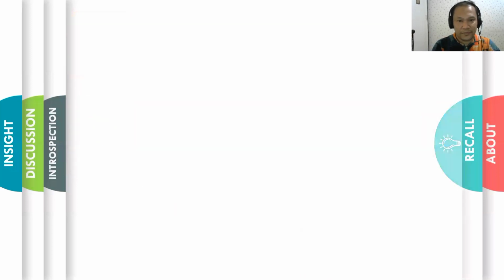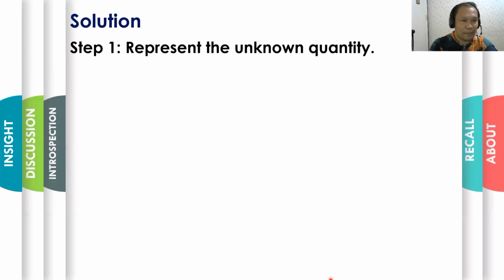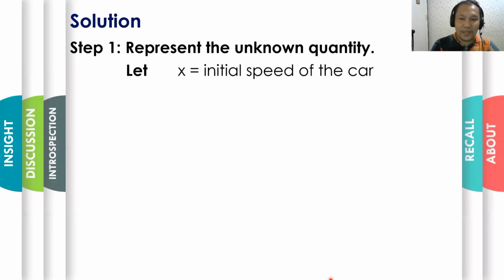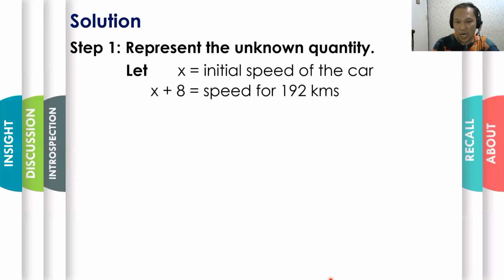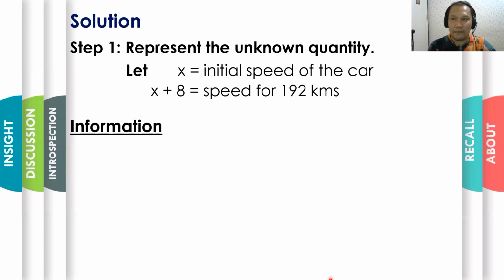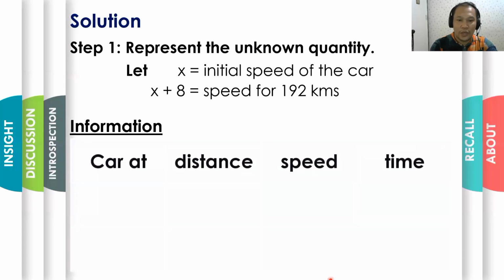Now, let us go with our step number 1. Represent the unknown. Let x be the initial speed of the car, and then x plus 8 be the speed for 192 kilometers. Then, what are the given information? Same as what we made in our example number 2, which is motion problem number 1, we are going to have a table.